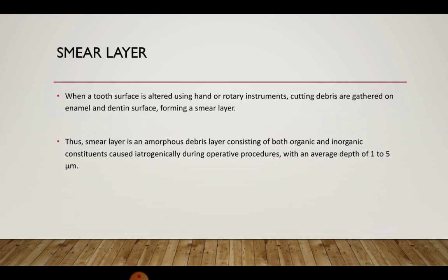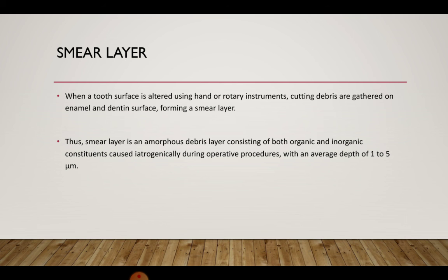Now coming to the smear layer. What is smear layer? When a tooth surface is altered using hand or rotary instruments, the cutting debris are gathered on the enamel and dentine surface, thus forming a smear layer. Therefore, smear layer is an amorphous debris layer which consists of both organic and inorganic constituents, and it is caused iatrogenically during operative procedure.